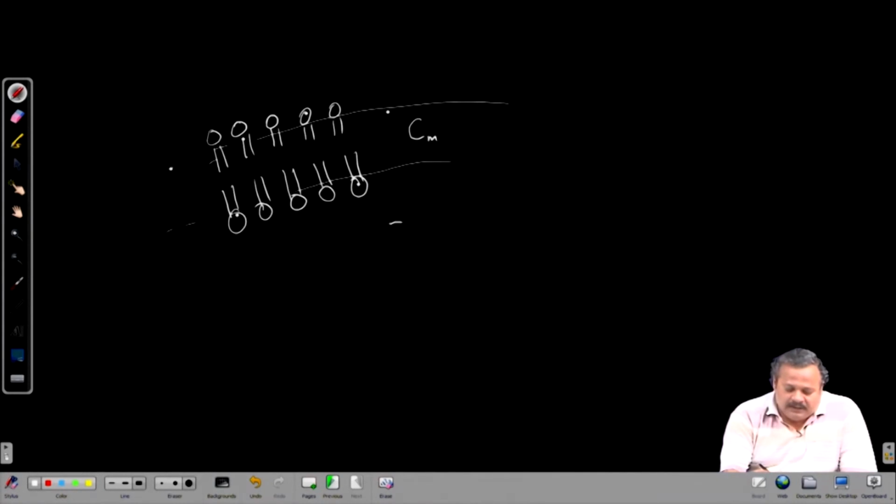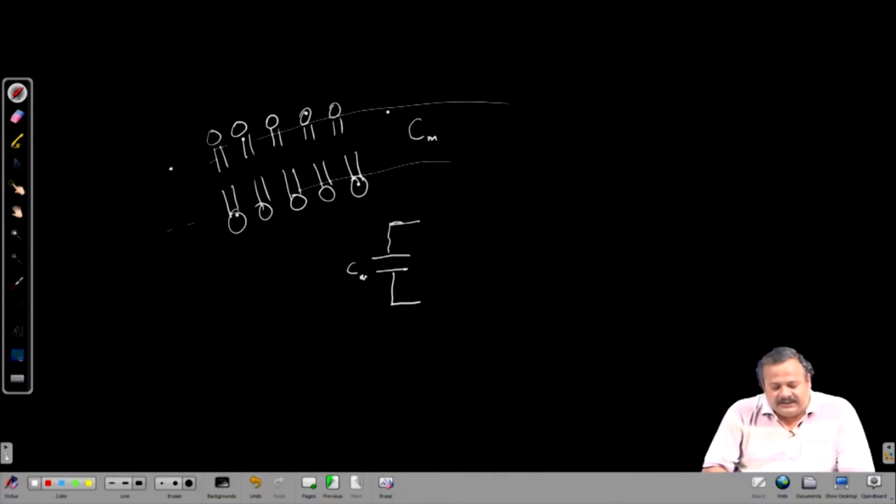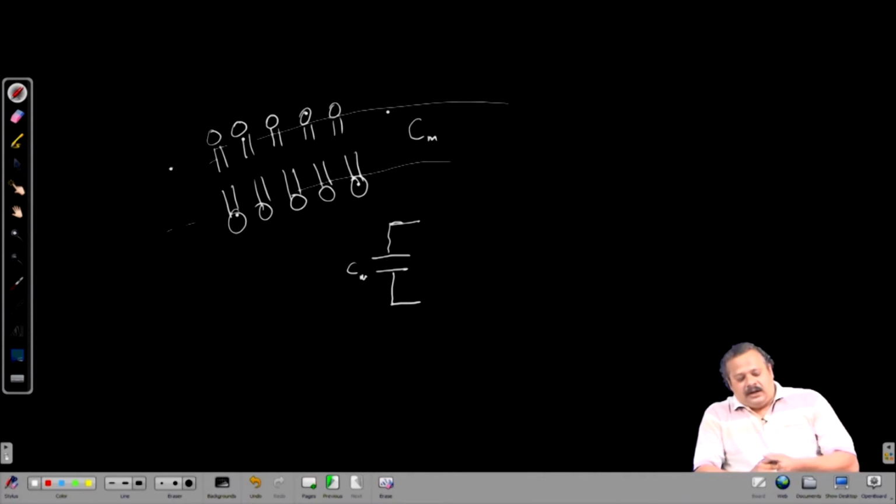So, this is Cm. Now we are drawing the equivalent circuit for it, and let us say that there is some room for current flow. If it were only a capacitor, then there must be an AC current in order to have any kind of response, and a DC voltage wouldn't change anything in this circuit if it's just a capacitor.